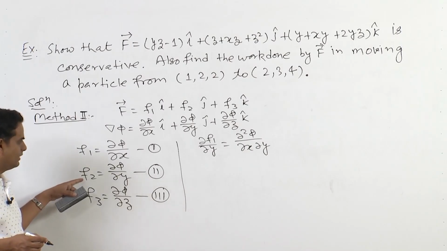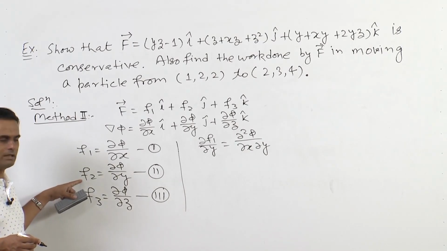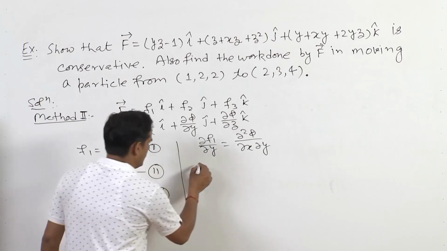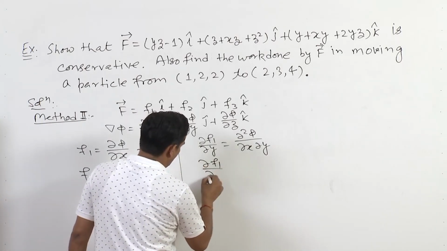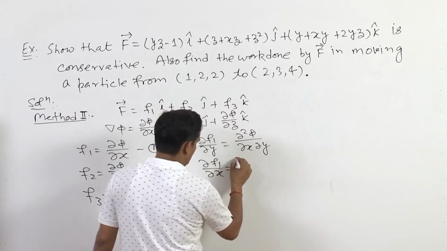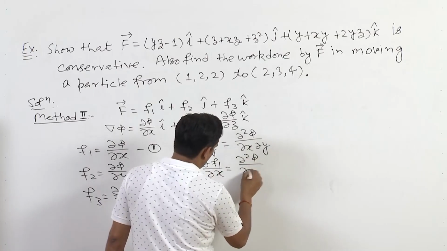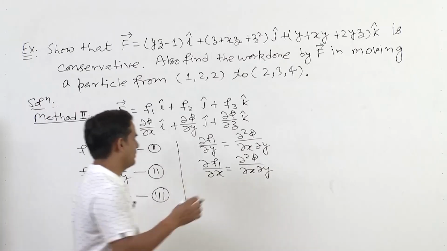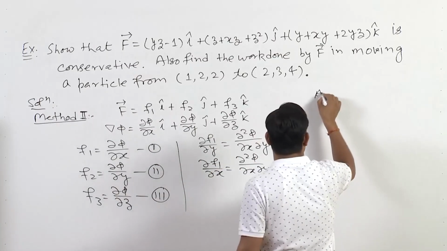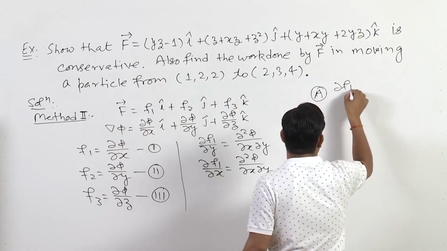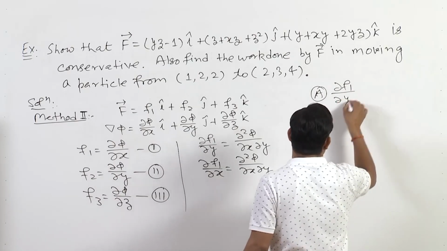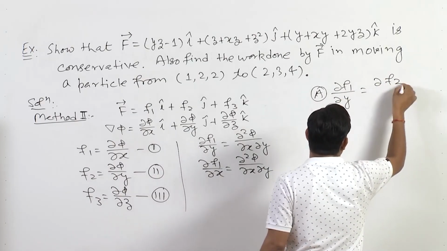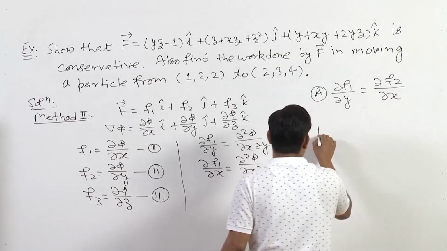Now, differentiate partially relation 2 with respect to x. So, I will be getting del f2 over del x, this will become del 2 phi over del x del y. So, right hand side equal. So, from here I got del f1 over del y equals to del f2 over del x.